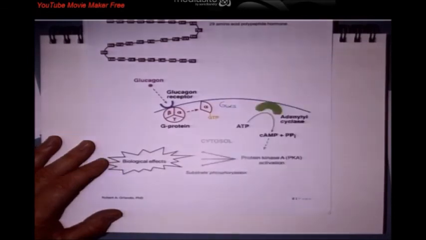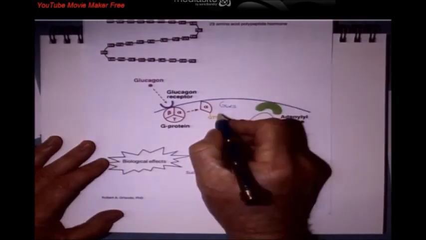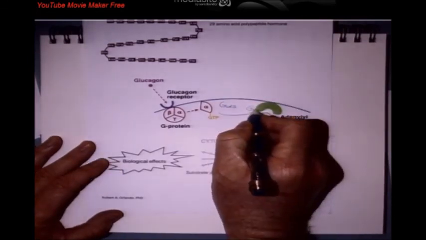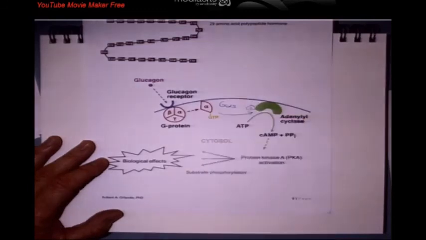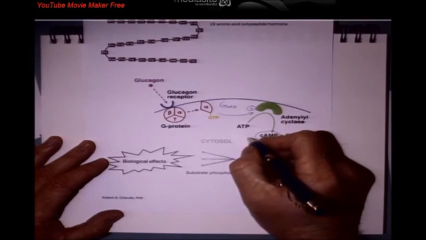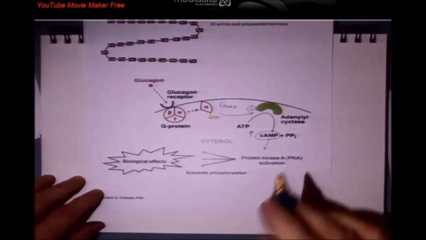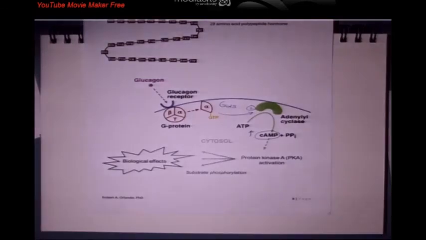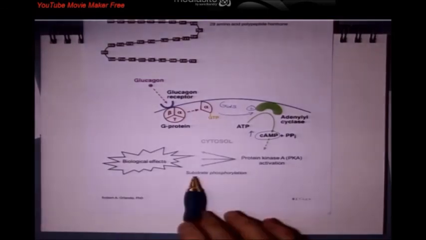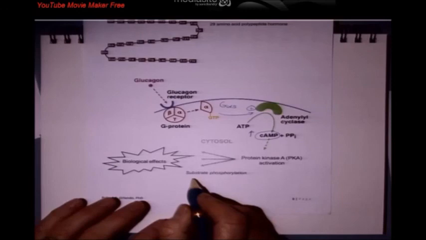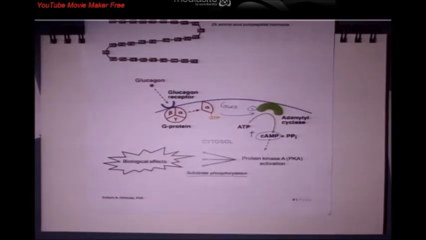And of course, G-alpha-S is involved in activating adenylyl cyclase, and we're generating our cyclic AMP, raising these concentrations. That binds to protein kinase A. And then protein kinase A is the big kinase in this sequence, and this is going to undergo substrate phosphorylation reactions with a whole bunch of different regulators and effectors, mostly enzymes.